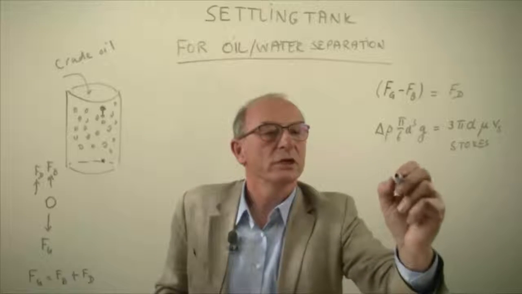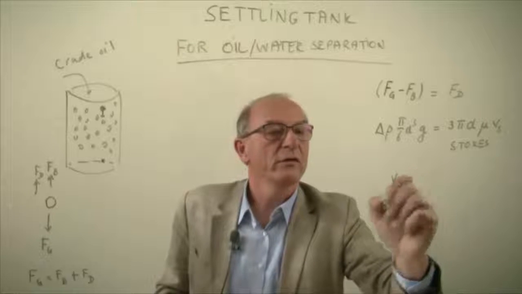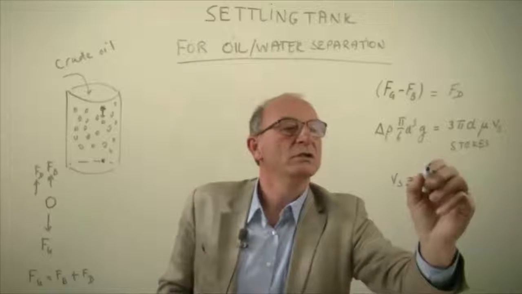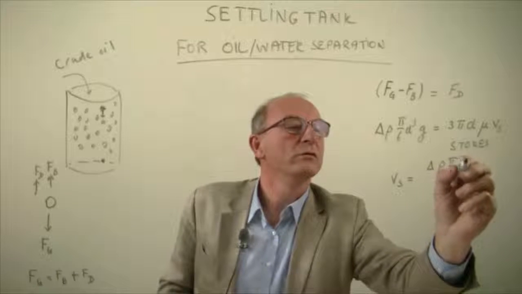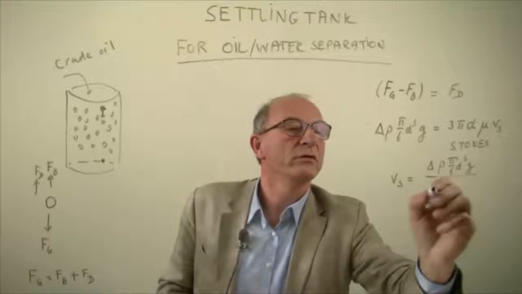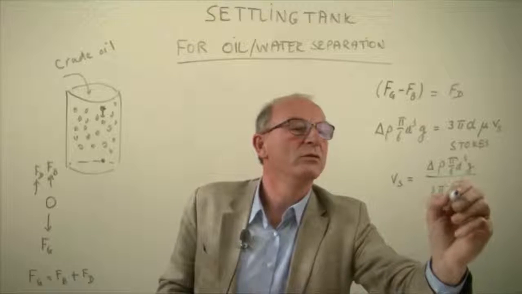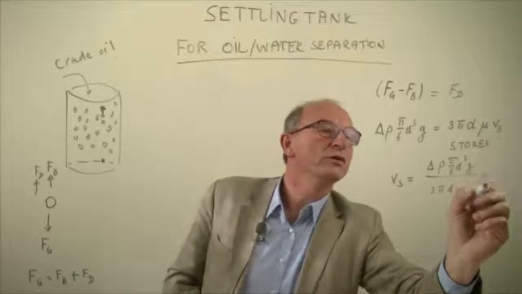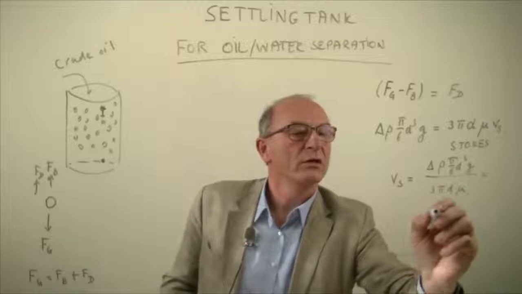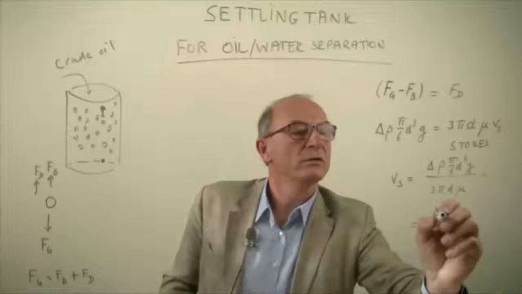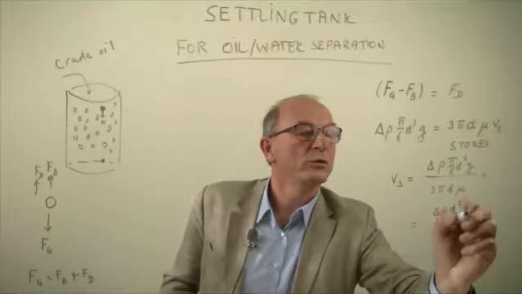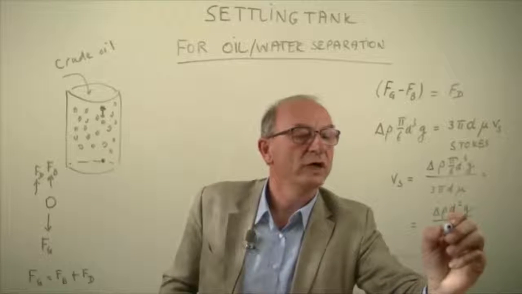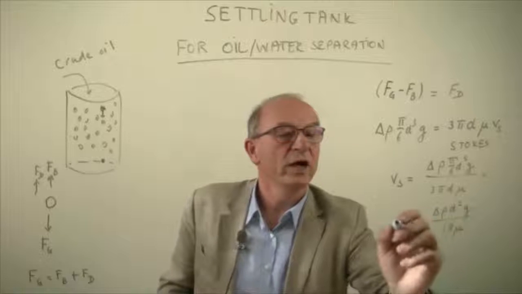If you substitute it, you get that the settling velocity equals, let's write it out, divide by 3 pi d mu, is equal to delta rho multiplied by d squared multiplied by the gravity constant divided by 18 times the viscosity.